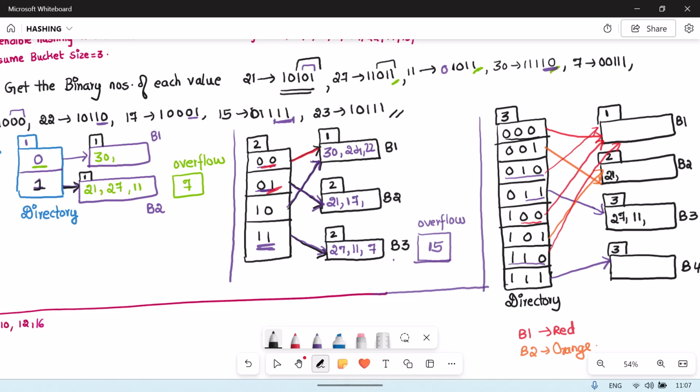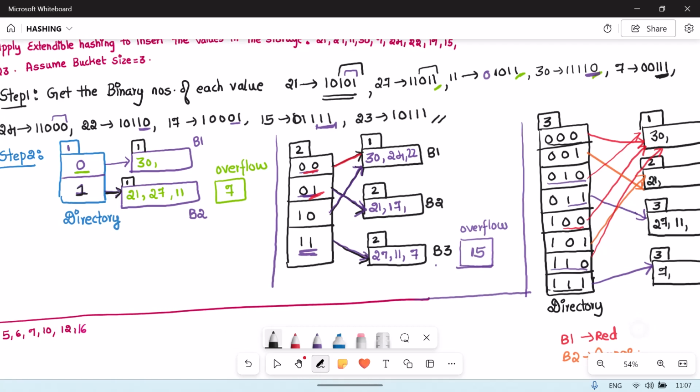Okay. So after 11, we have 30. 30 is 110, so it will come here. Then we have 7. 7 will come here because 7's last 3 bits are 111 and 111 is here.